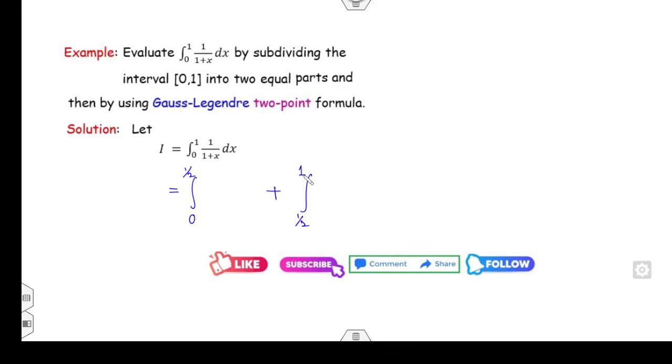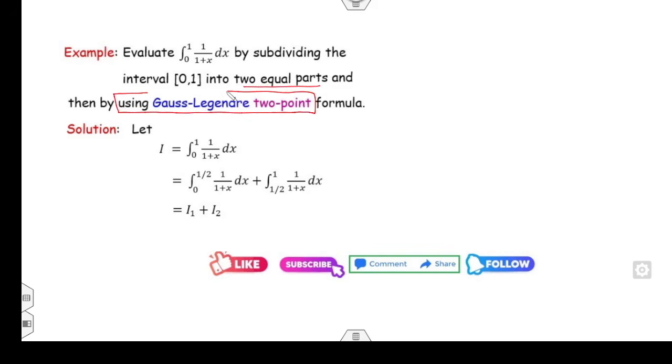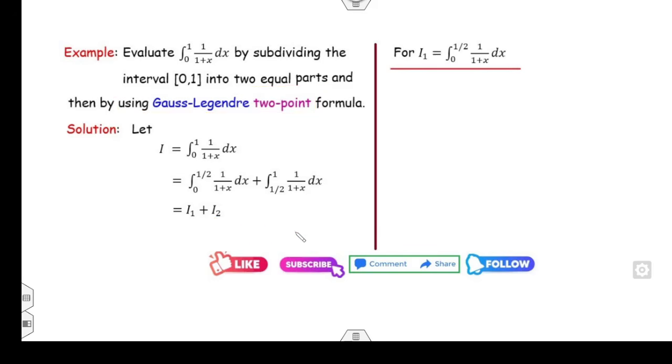Fine. So I consider the first integration as I1 and the second integration as I2. Now you divide into two parts, and then use the Gauss-Legendre 2-point formula. That means your target is to evaluate I1 and I2 by using the 2-point formula. So let's start with I1 first.